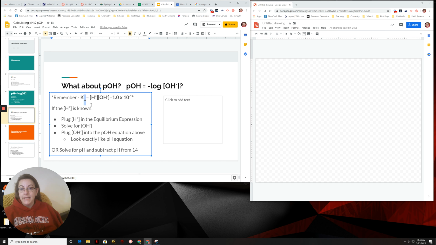When water is at equilibrium, your hydrogen ion concentration times your hydroxide ion concentration is going to equal 1 times 10 to the negative 14th. Notice that 14, that's the top number of the pH scale.